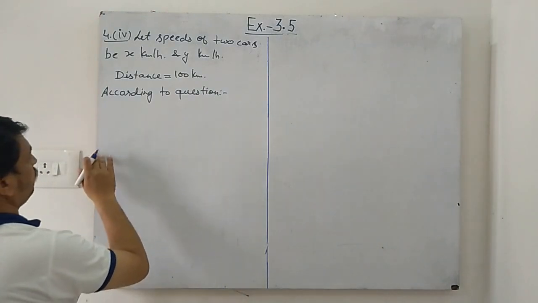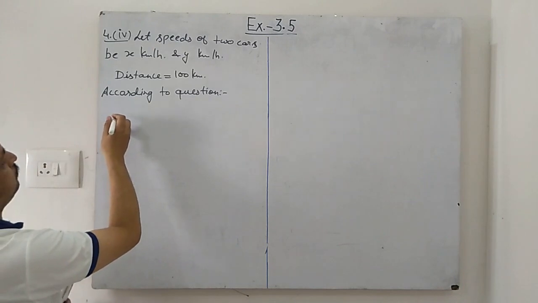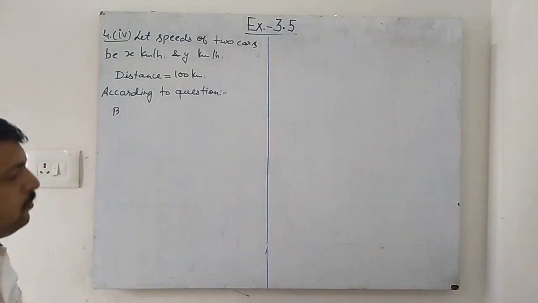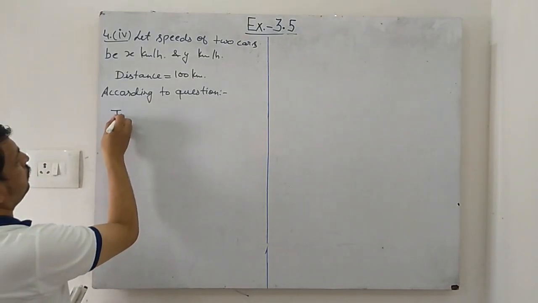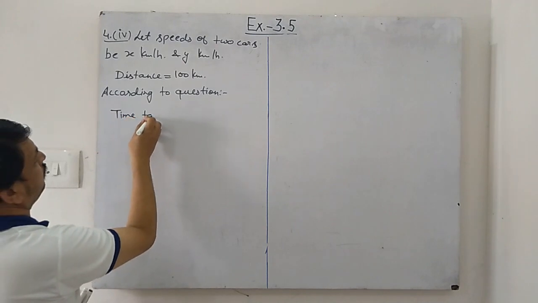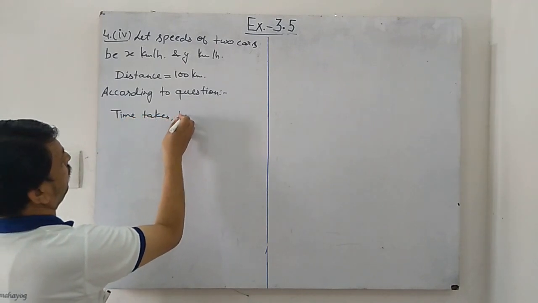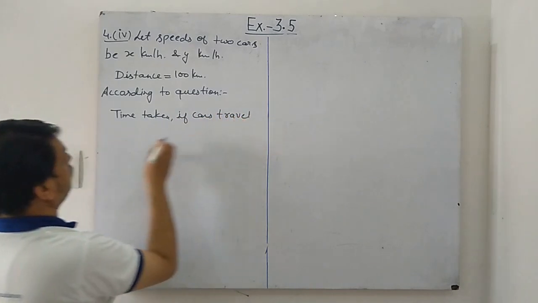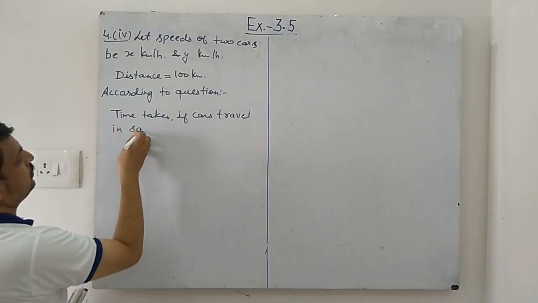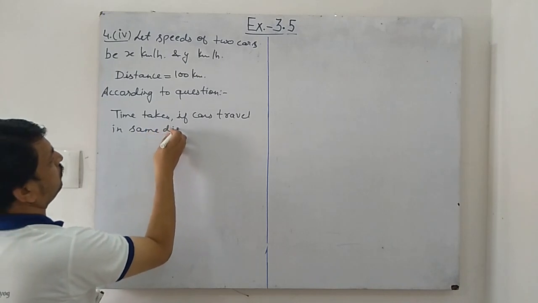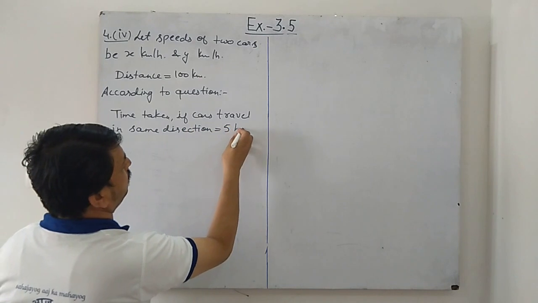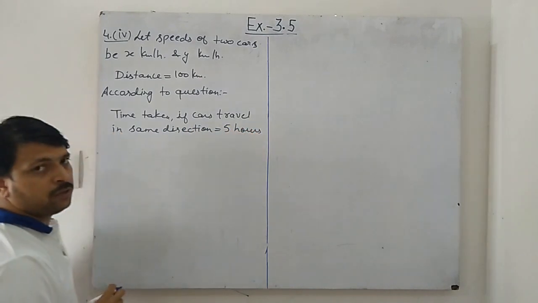Clear? Now it is given they meet in 5 hours if they travel in same direction. So time taken if cars travel in same direction, it is given already 5 hours.